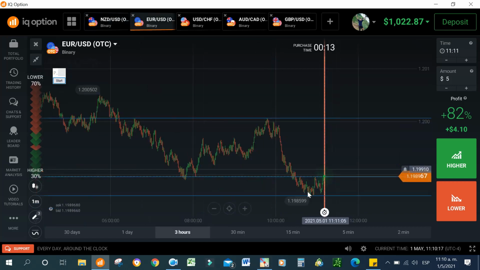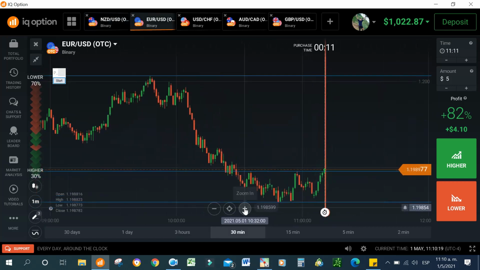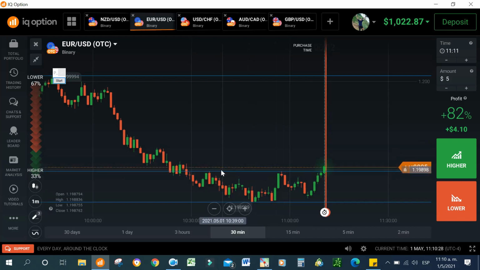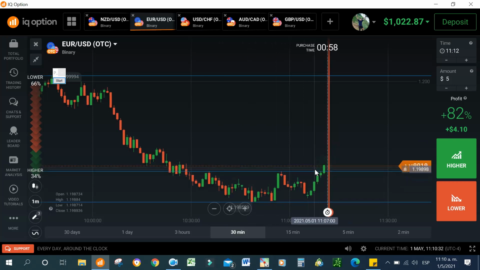For example, let me see. Right here we have another example. The market is breaking up this resistance line. So I wait for this candlestick to close and evaluate the breakup, how the breakup was.